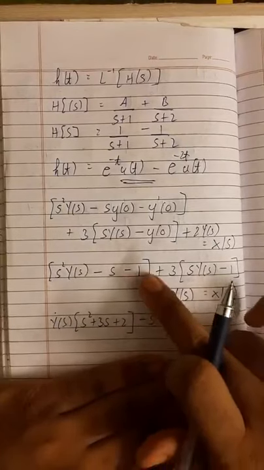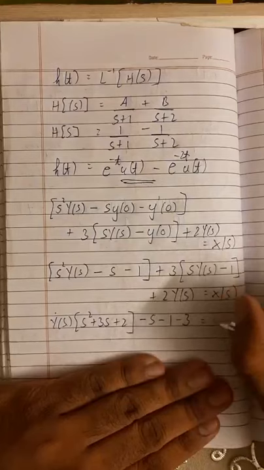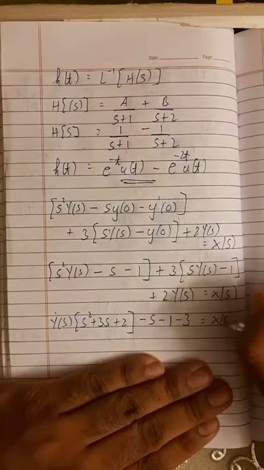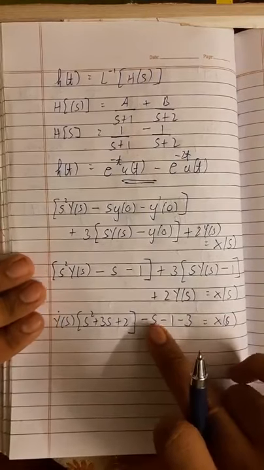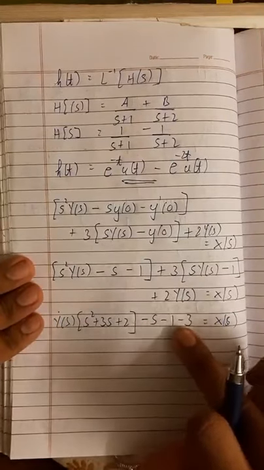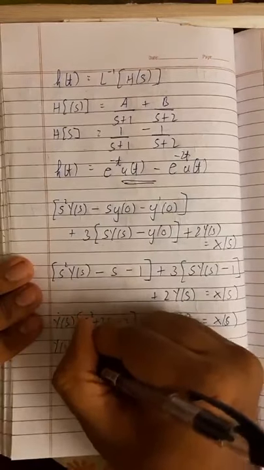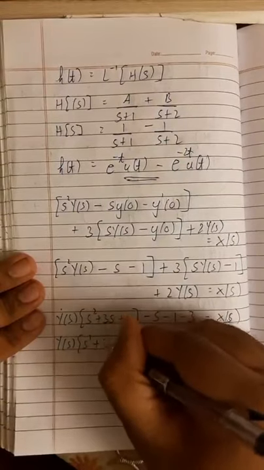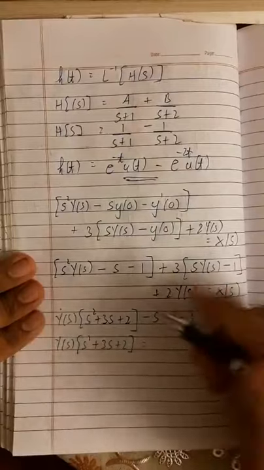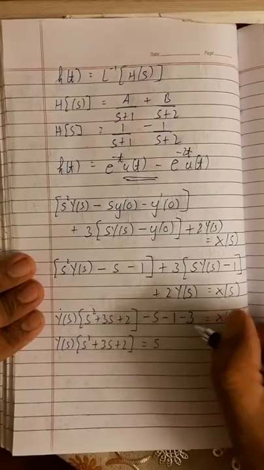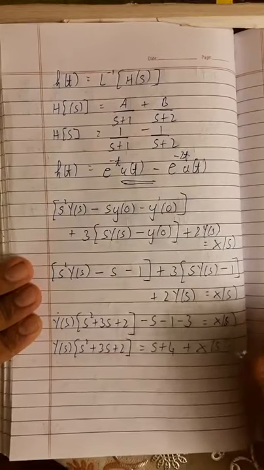Bringing these over, Y(s)(s² + 3s + 2) = s + 4 + X(s).